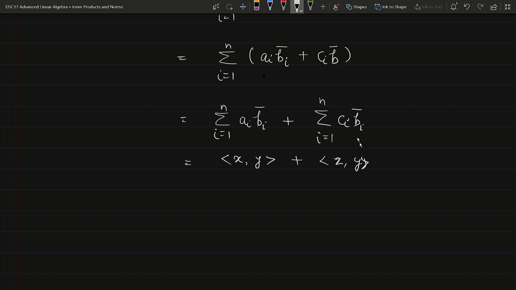Okay, so let me write. Hence x plus z comma y is equal to x comma y plus z comma y, and let me denote it by 2.